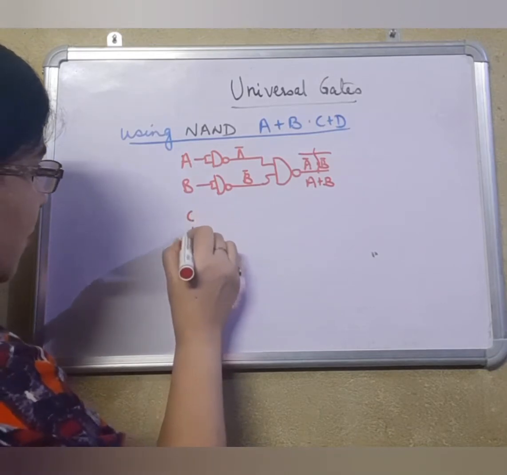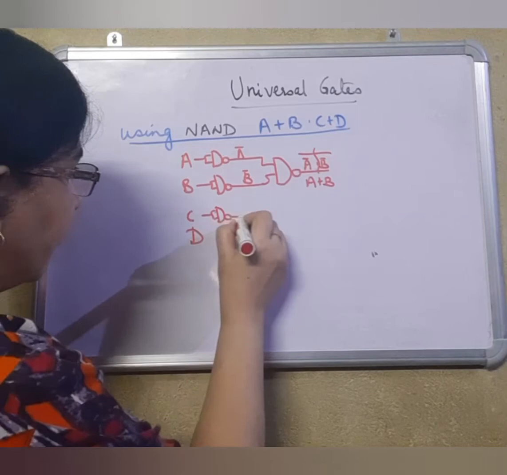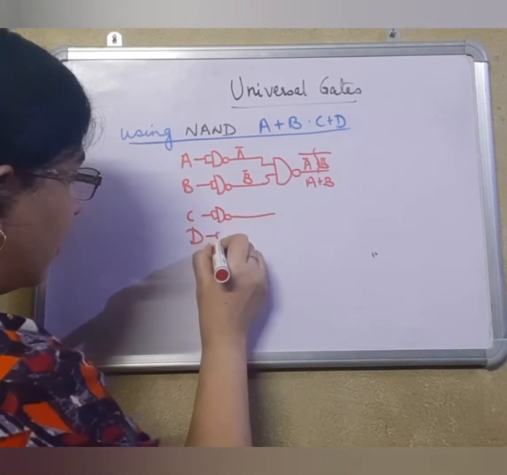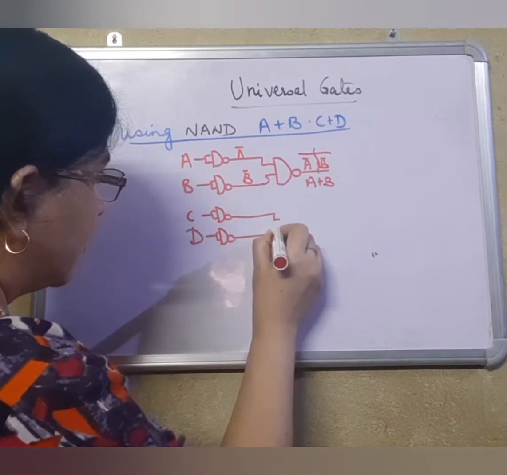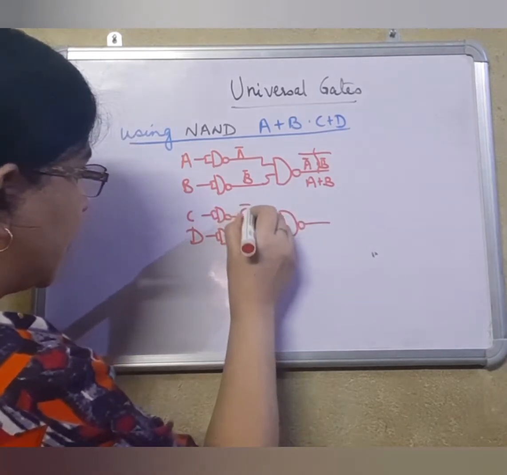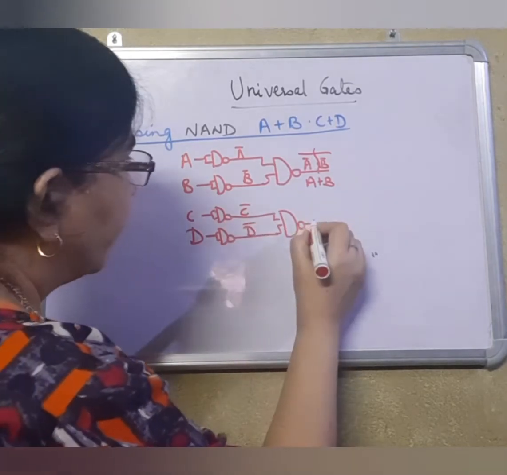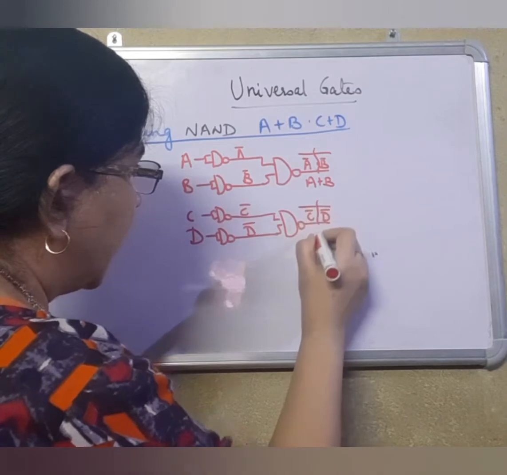And C and D also will pass the same way. This becomes C bar, this is D bar, C bar dot D bar whole bar.